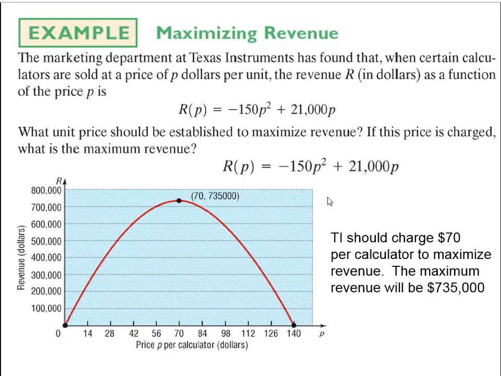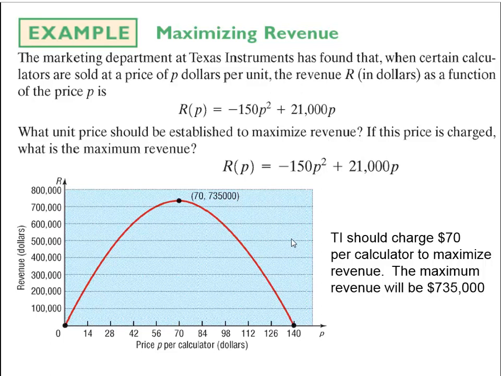Now, if I were to take that $70 and plug it back into the revenue equation, I'm going to get this y value, $735,000. Remember that in this equation, the y values of the vertex are the revenues. So if I were to charge $70 per calculator, then my maximum revenue I would achieve is the $735,000.